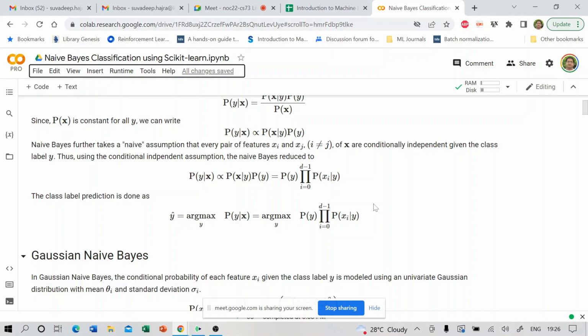It's a categorical distribution, right? So a categorical distribution with C classes. You need C minus 1 parameters.